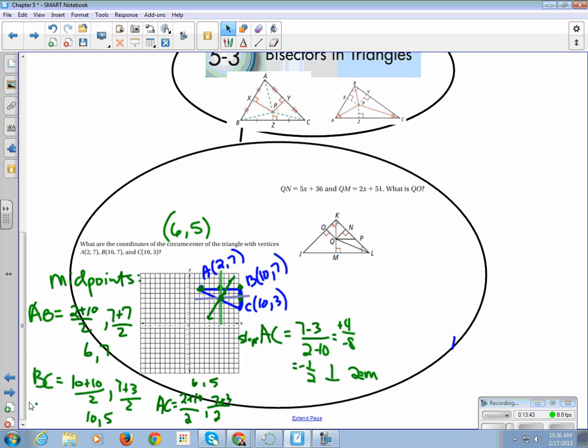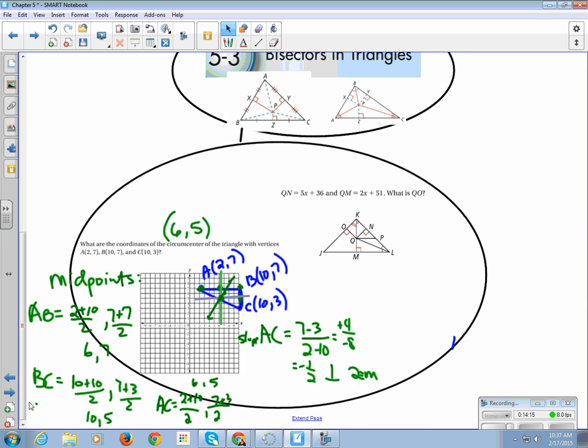All right, we have a more mathy example problem. We know that QN, the distance from this center point Q to N, is 5x plus 36. QM is 2x plus 51. What is QO? And in this case, I know that we are talking about angle bisectors.